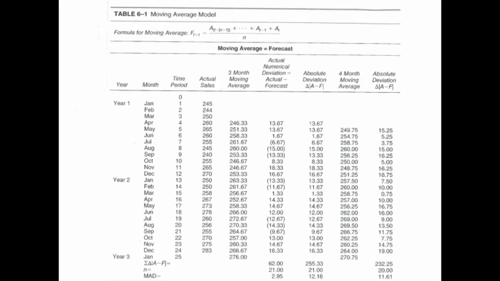Now look at column 8, which shows the 4-month moving average forecasts, which are simply the average of the immediately preceding 4 months for each time period. Columns 7 and 9 present the absolute deviations between each monthly forecast and actual sales figures for the 3-month average approach and the 4-month moving average approach, respectively.